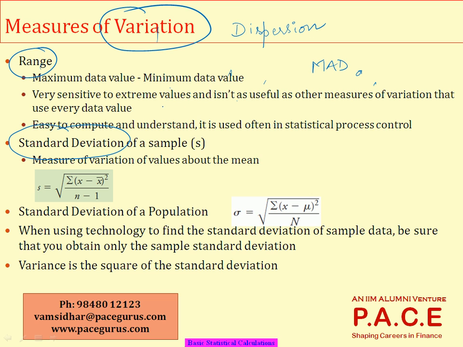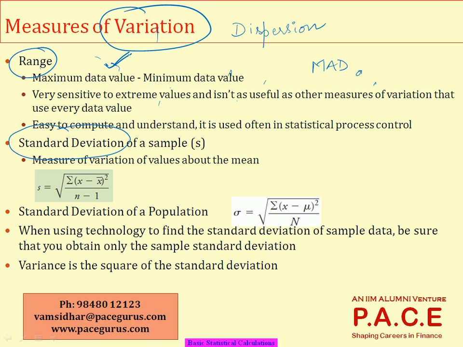Range is nothing but it takes only two data values, just like your mid-range. The range is a measure of dispersion which takes only the maximum data value and the minimum data value and does a simple subtraction between them. So the higher the range, the higher the dispersion, and vice versa. Because it depends only on two values, it is very sensitive to outliers. It does not take every value into consideration.